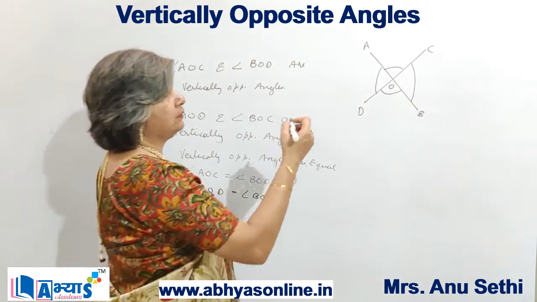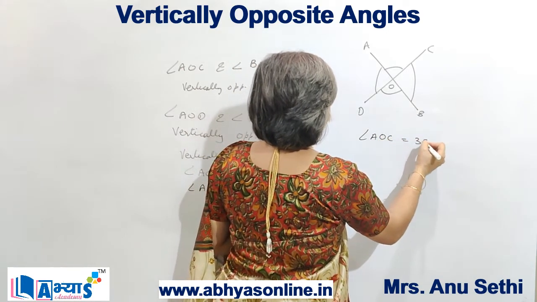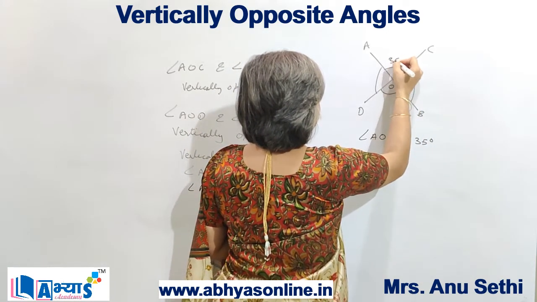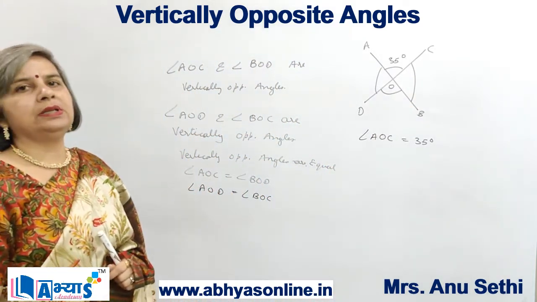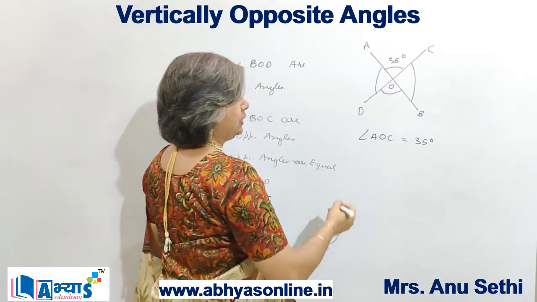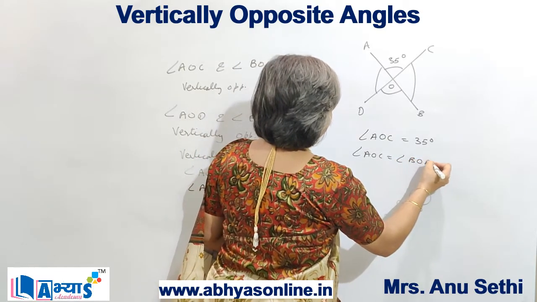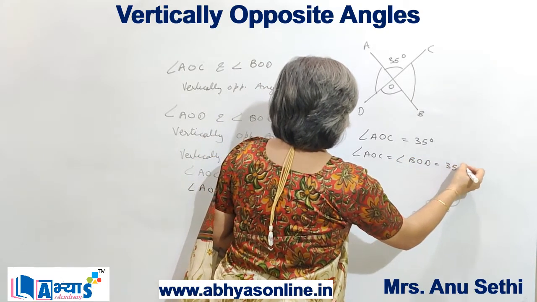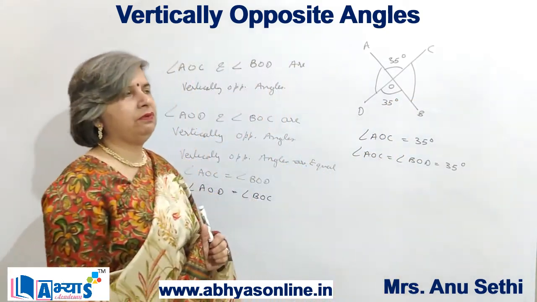Suppose we are given that angle AOC is equal to 35 degrees. We know that angle AOC is equal to angle BOD, so angle BOD is also equal to 35 degrees.